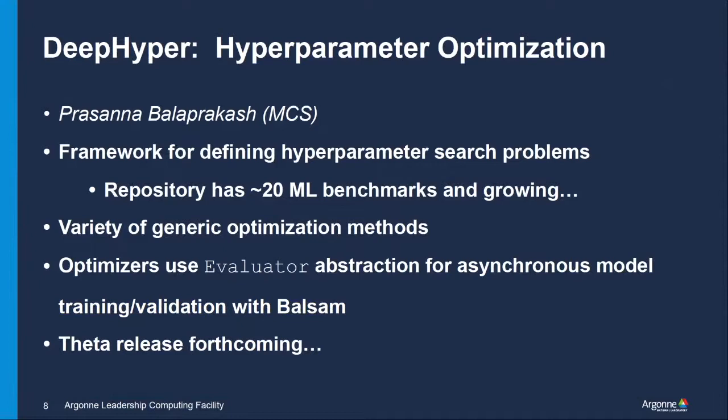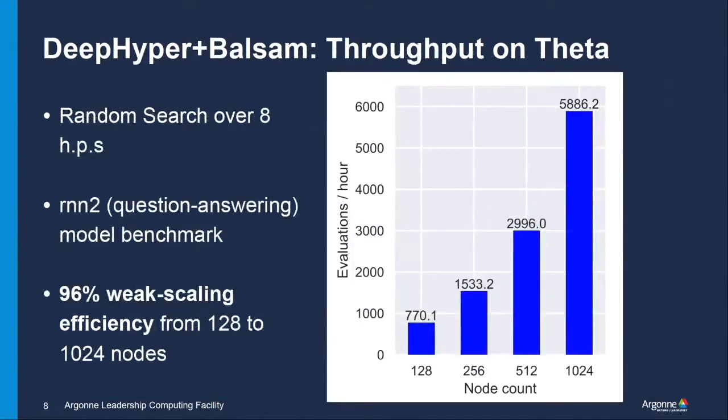And then DeepHyper provides a variety of optimizers that can basically bridge to any one of these benchmarks. These use an abstraction for the actual process, the training and validation of models. And this allows us to tie DeepHyper in with Balsam or multiprocessing if that's more appropriate for testing on your laptop.